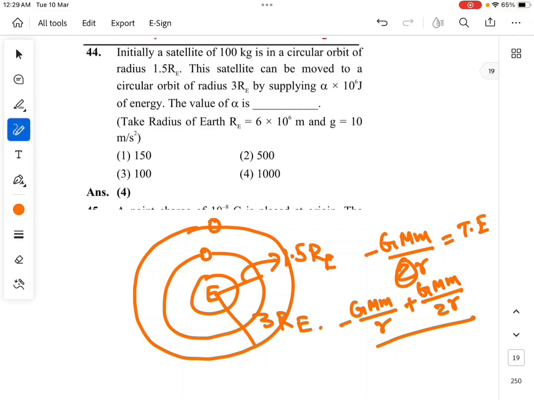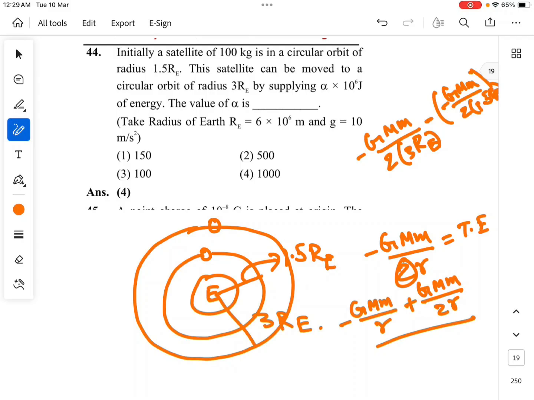So when you subtract the final total energy minus the initial total energy, that is minus GMm by 2 times 3RE, minus of minus GMm by 2 times 1.5 RE. How will you do the calculations here?